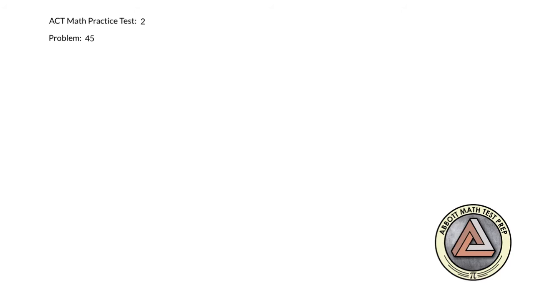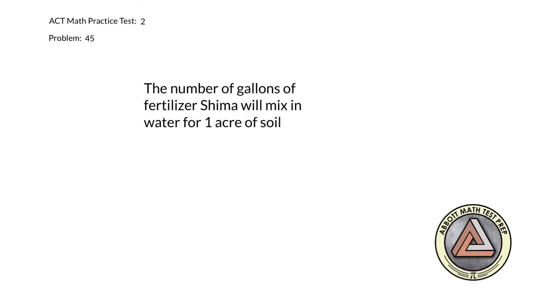Okay, so I'm actually going to write that to make it very clear because it's always good to start with the big picture. So once again, if we could figure out the number of gallons Shima will mix in water for 1 acre, looking at acres of soil, if we wanted to find out the number of gallons for a half of an acre of soil, all we'd have to do is multiply whatever this number is by half.